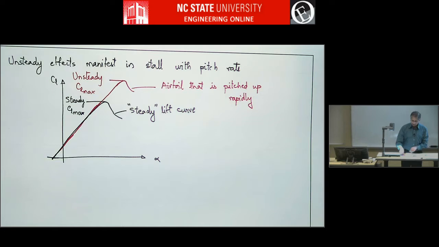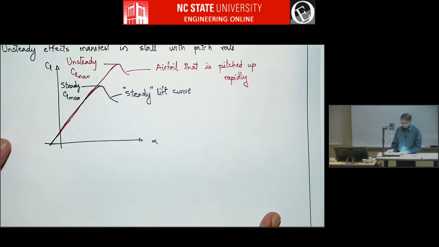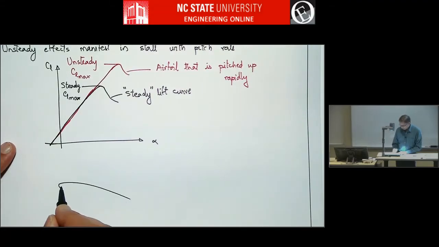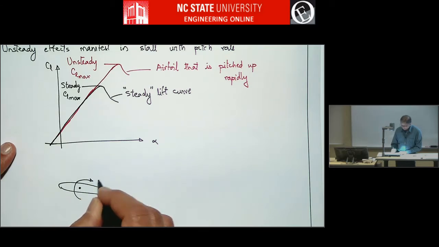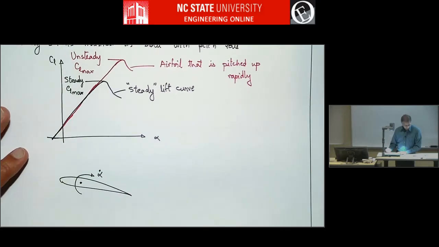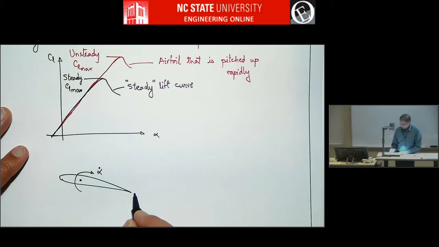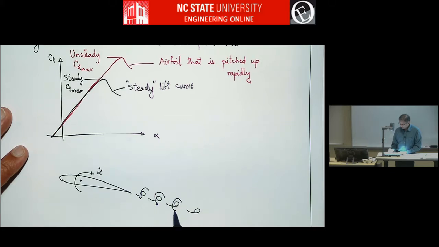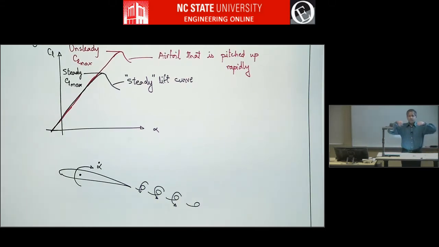And one reason this happens is because of all these wake vortices, or shed vortices, or starting vortices. So here's the airfoil, and you're pitching up about this pivot point at an alpha dot, the rate of change of angle of attack. When there is a rate of change of angle of attack, there are going to be shed vortices of this sign. Every instant when there is an increase in lift, there's going to be a vortex of opposite circulation coming out.